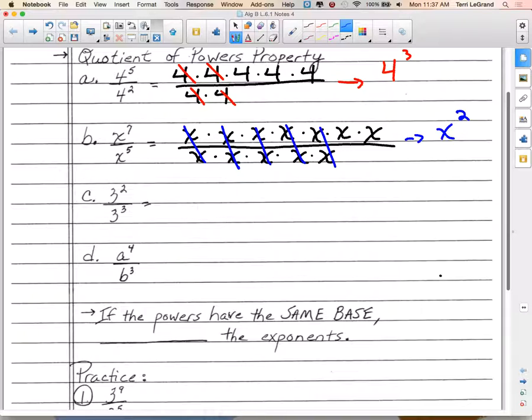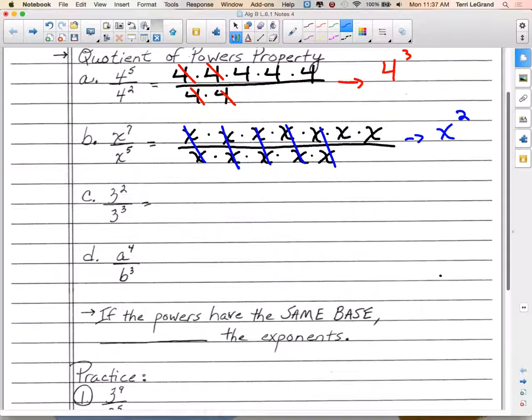So that would mean take 7 from 5. What is 5 take away 7? Negative 2. Did we end up with a negative 2? No. Noah? Take the smaller exponent minus the bigger exponent. So we'll just always do it in that order because we want to end up with a positive number.